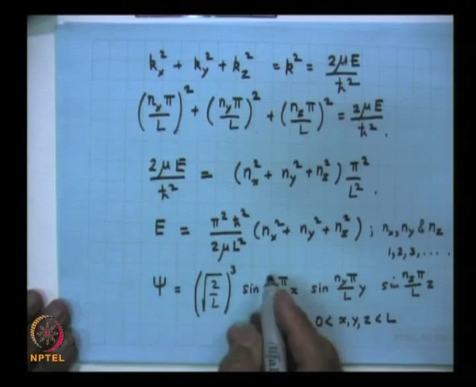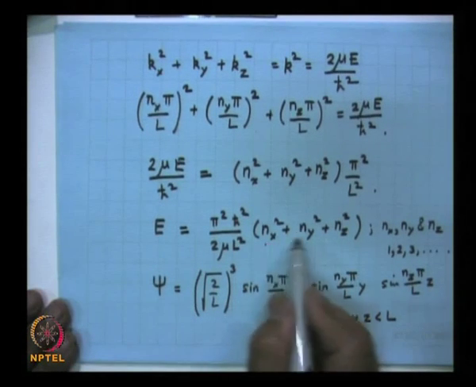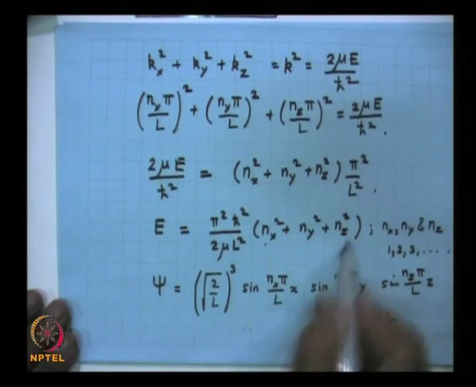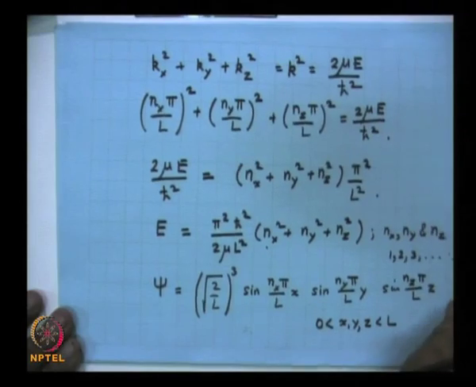So, what is the ground state value? The ground state is n x equal to 1, n y equal to 1, n z equal to 1, so the energy is 3 pi square h cross square by 2 mu L square.